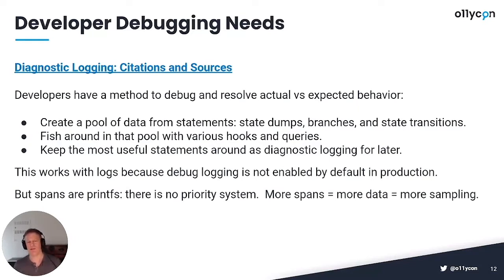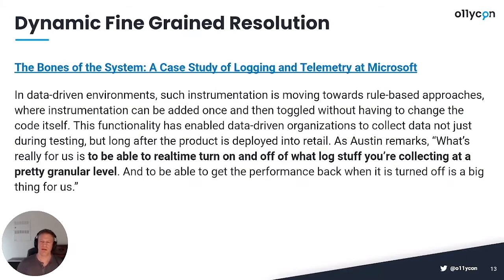You only want to enable debugging, spans, tracing, etc., for a particular branch. But if you do it globally, then you get more data, you get more sampling, and the overall usage of the system goes down because you're trying to reconcile the sheer volume of the data with what comes out. And this is something that, again, various organizations know about.